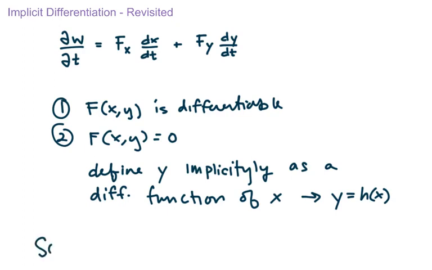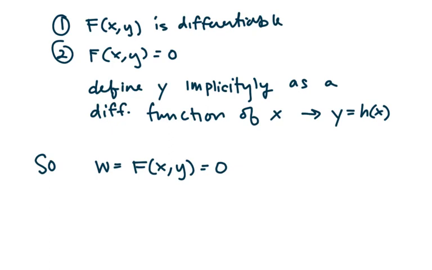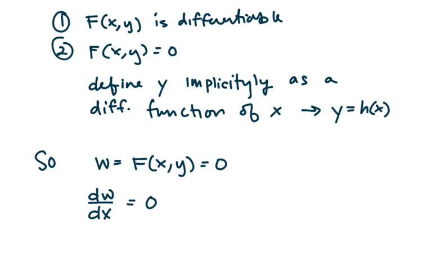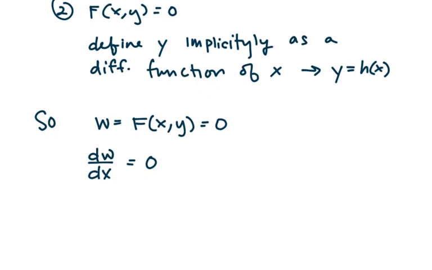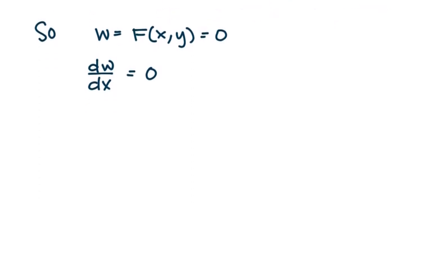So what we can say, w being that function of two variables, if that's equal to 0, then the derivative dw dx must also equal 0. Further, let x equal t.